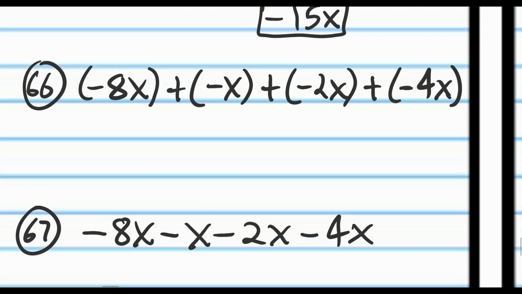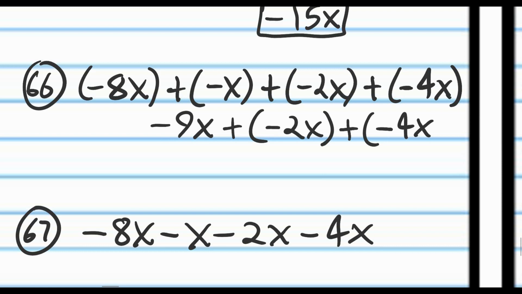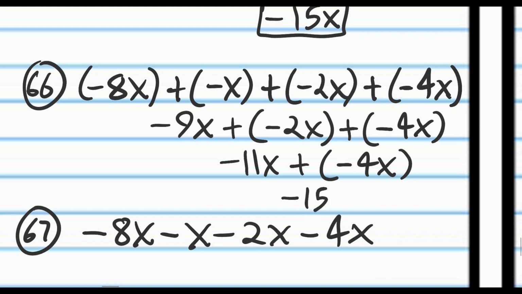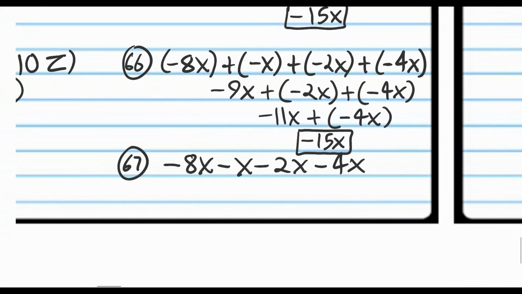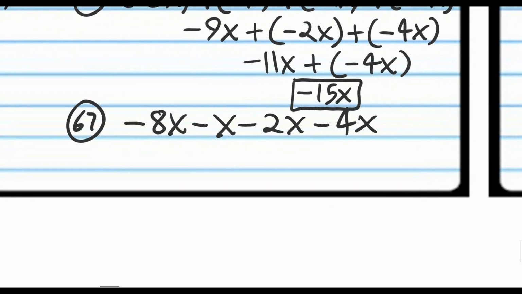Go and attempt number 66, and when you come back, we'll do it together. All right, we're back. And again, we've got negative 15x. That's just a coincidence that we're getting so many negative 15x's. All right, number 67, go and attempt number 67, and when you come back, we'll do it together.